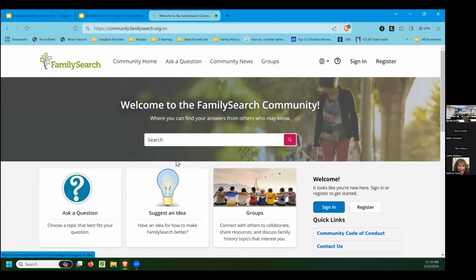And if enough people keep making suggestions saying we've got to have better quality control, I really believe Family Search will listen. That's not a short-term solution, that's a long-term solution. But I've been really gratified to see how suggestions that have been made here, Family Search has implemented them.